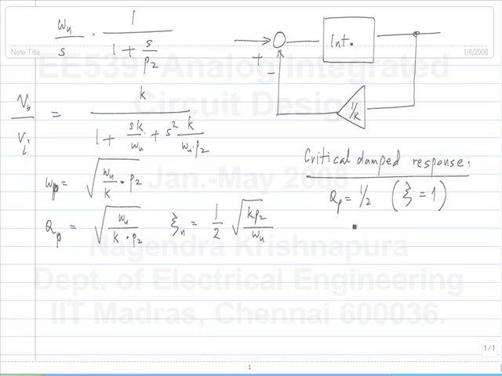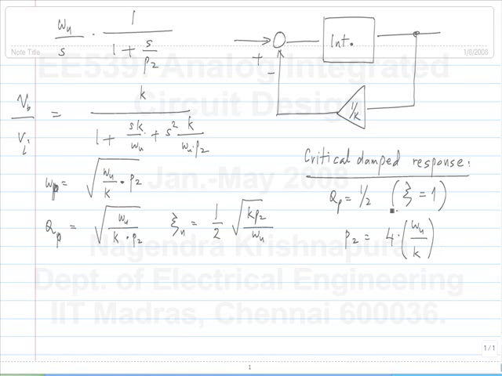So, that will be, okay. What is omega u by k? If you recall, that's the unity loop gain frequency without the second pole. Now, if the pole is 4 times beyond the unity loop gain frequency, then you get critical damping.